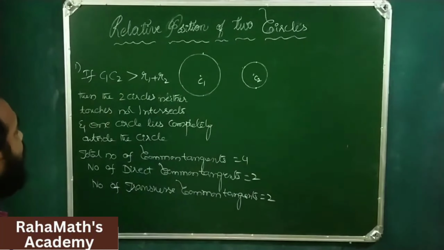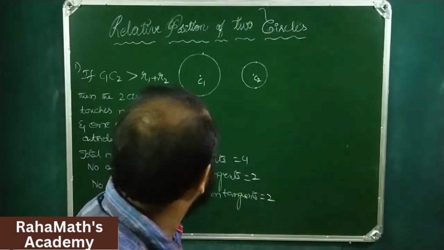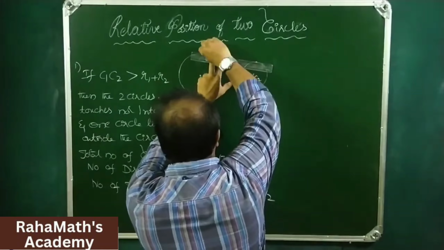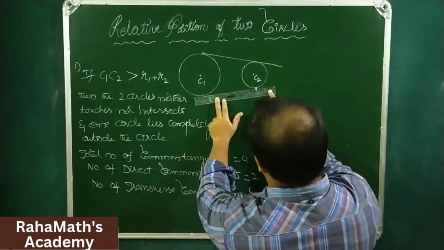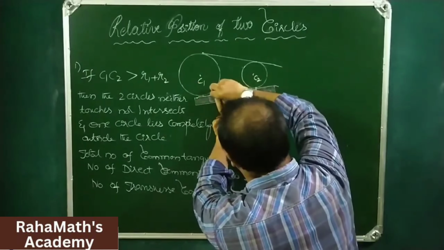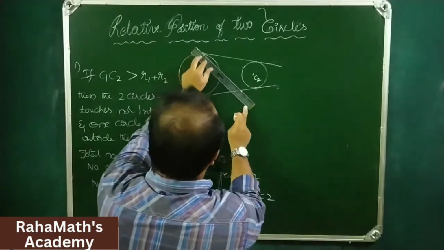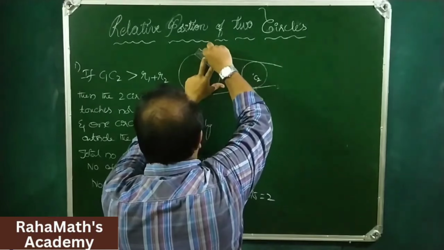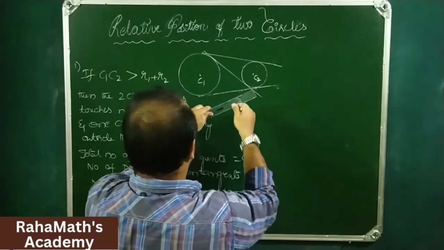C1, C2 are the centers of the two circles. And see here, this is one direct common tangent, and this is another direct common tangent. And this is one transverse common tangent, and this is another transverse common tangent.